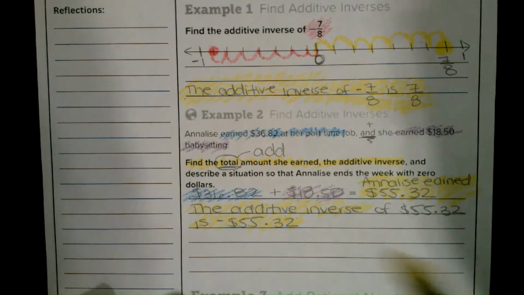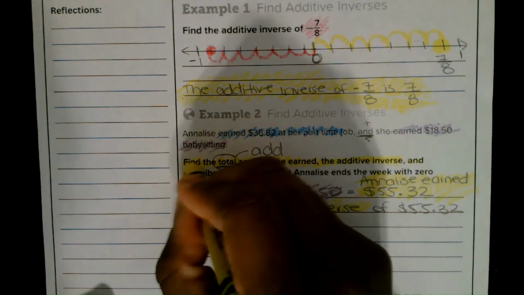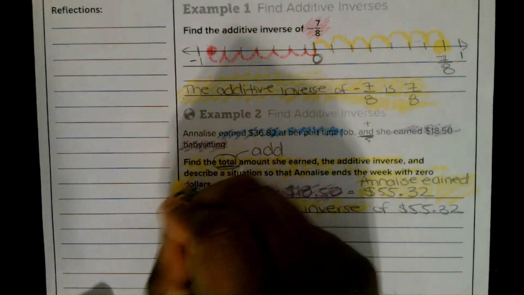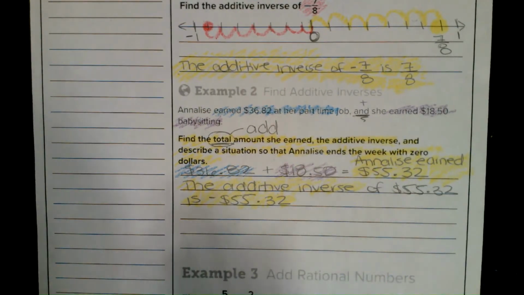The last part of the question says, describe a situation so that Annalise ends the week with $0. So now we want to just write something in context of the problem. So it says Annalise earned $36.82 from her part-time job and she earned $18.50 babysitting. So we know in total Annalise earned $55.32.